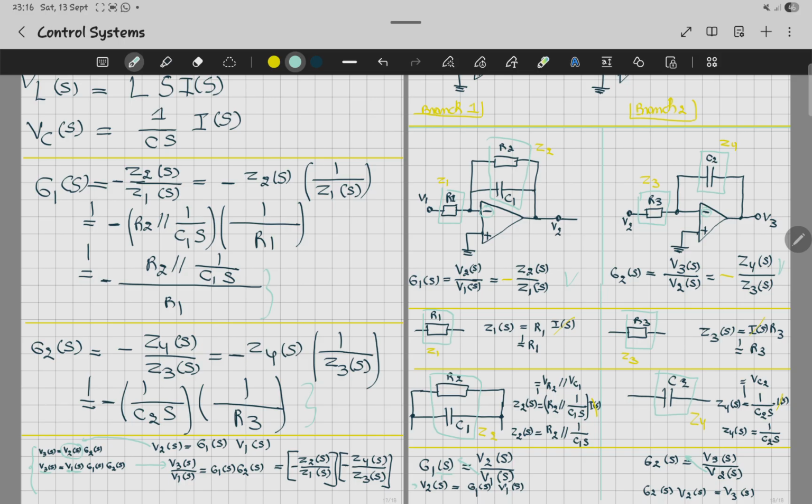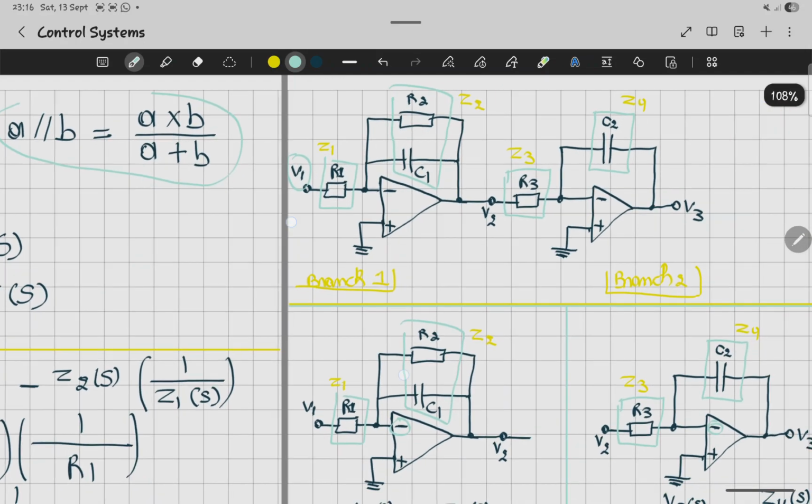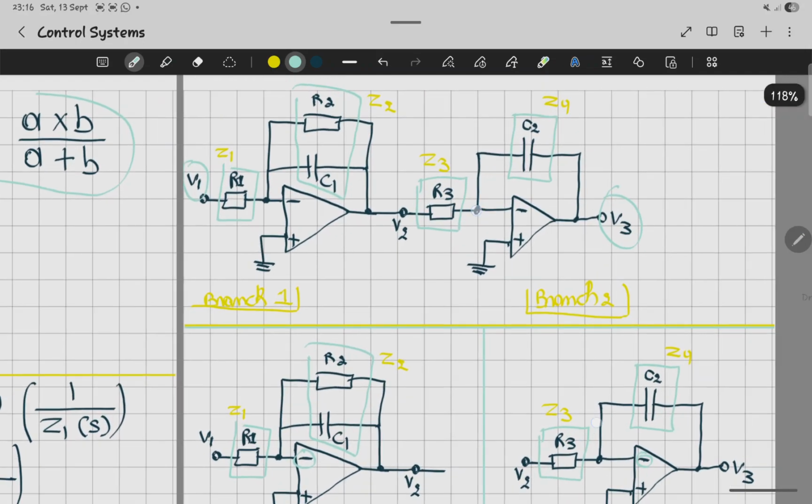You plug J2 here and J1 there, and then you work it out, and you'll be able to get your transfer function from V1 to V3.